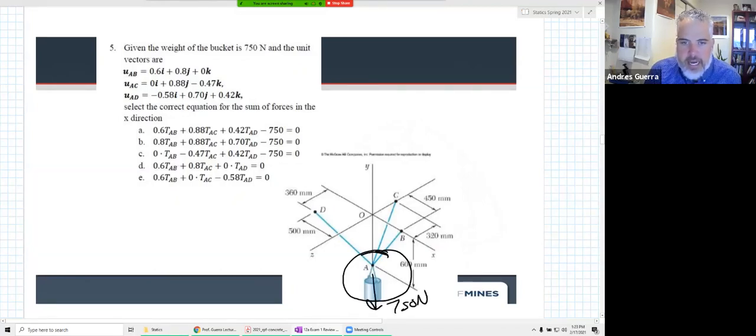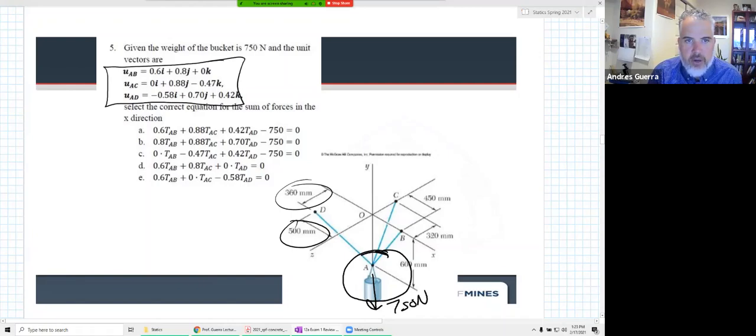They give us, instead of having to do all this geometry stuff here, the unit vectors, and they say, okay, we're just summing forces in the X. Well, isn't summing forces in the X just going to be grabbing all of those I components? And so we say, okay, which one is a 0.6 for AB, a 0 for AC, and then a negative 0.58 for AD. So we can go, okay, well, this one could be, there's a 0.6. That one doesn't work for AB. That one doesn't work, or this one and this one could work.